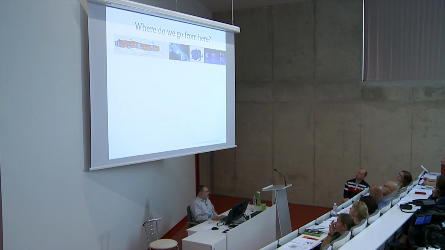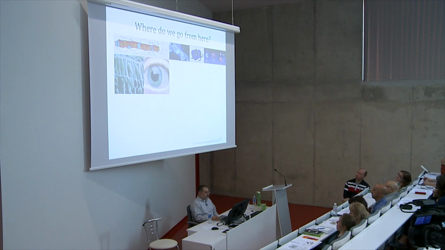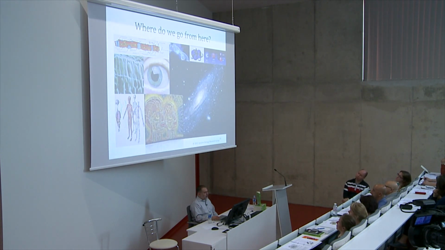We can look at the membrane and look at the cell as a whole. Or we can look at how those cells form tissues. And this here is an image of retinal cells. Or we can look at how those tissues act within the organ as a whole. Or we can look at how that organ interacts with other systems in the body. Or we can look at how all those systems interact with the universe around us.